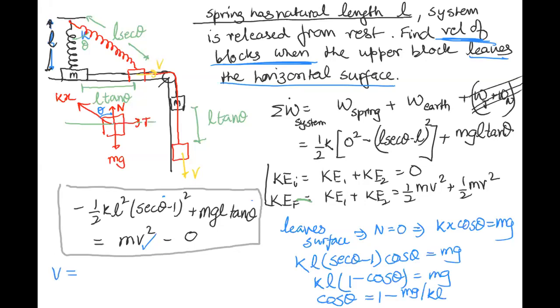V is equal to under root of gL tan theta, which I will write as under root of sec square theta plus 1. Did I write it upside down, or wrong? It is minus 1, not plus 1, for tan theta.